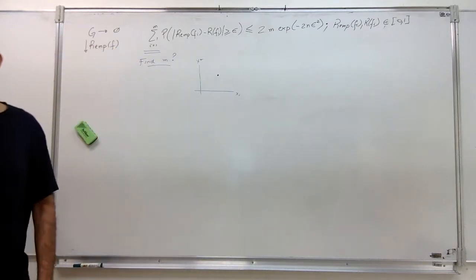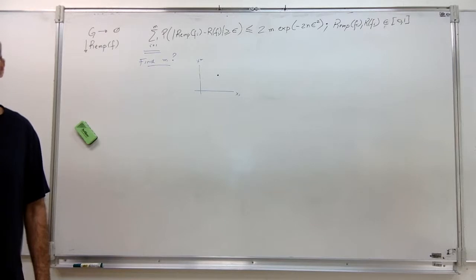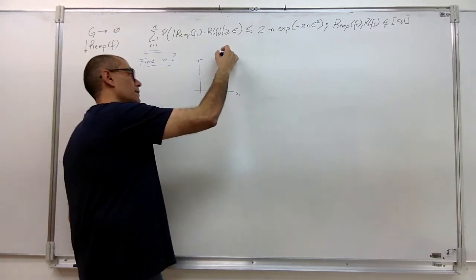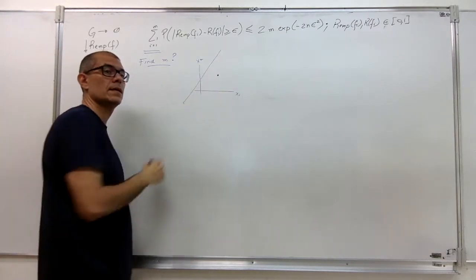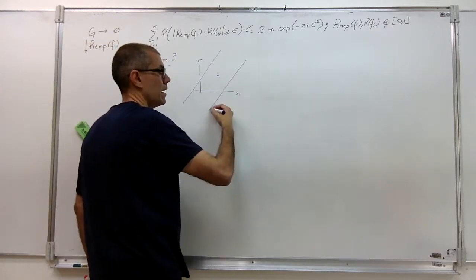How many different classifications can I provide for that point, considering only the point? 2. Because either the hyperplane cuts in here, for example, or the hyperplane cuts there.